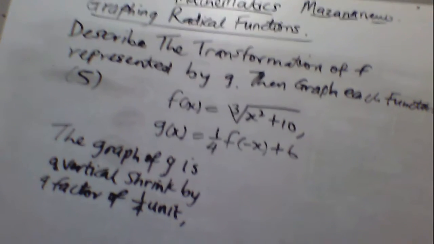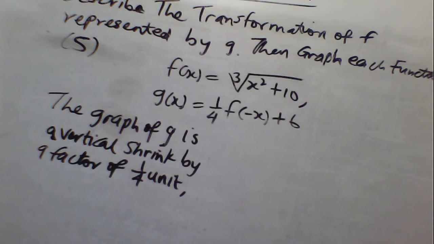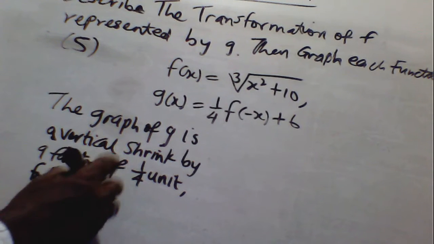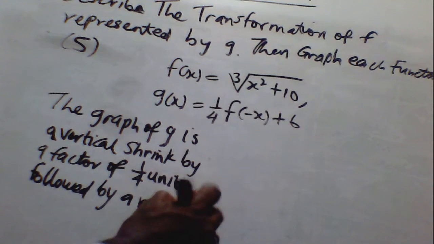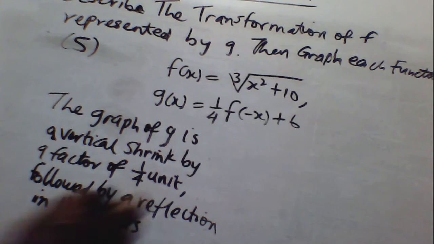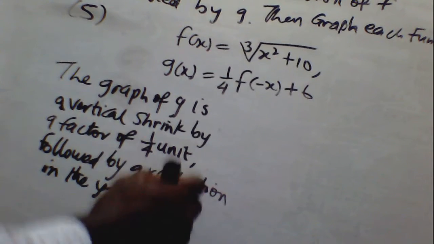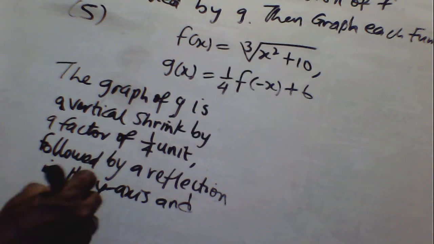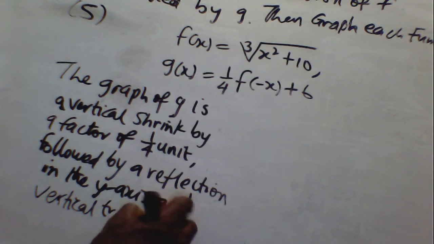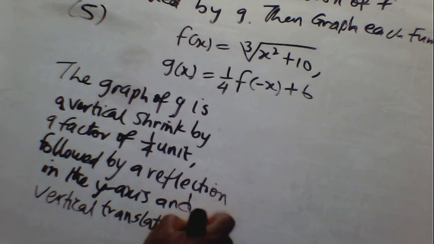The graph of g is a vertical shrink by a factor of what? 1/4, followed by a reflection in the y-axis, and vertical translation by a factor.